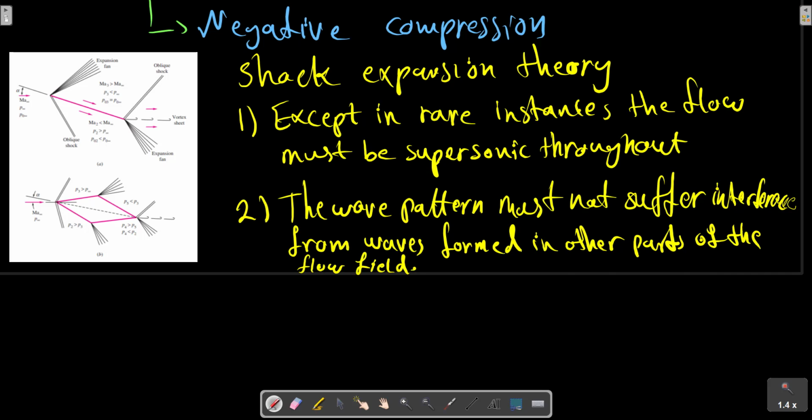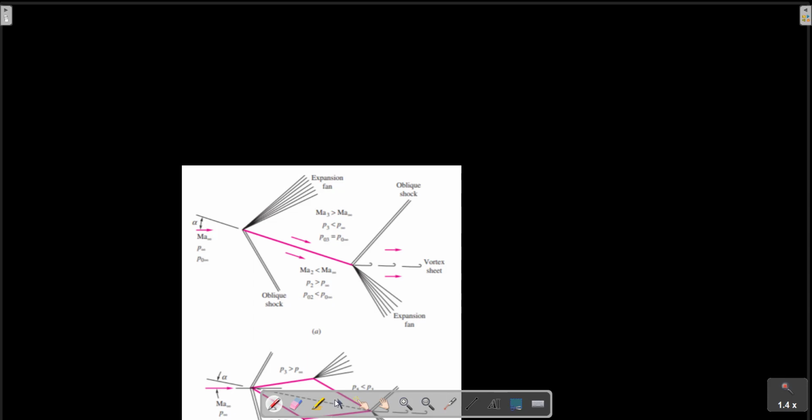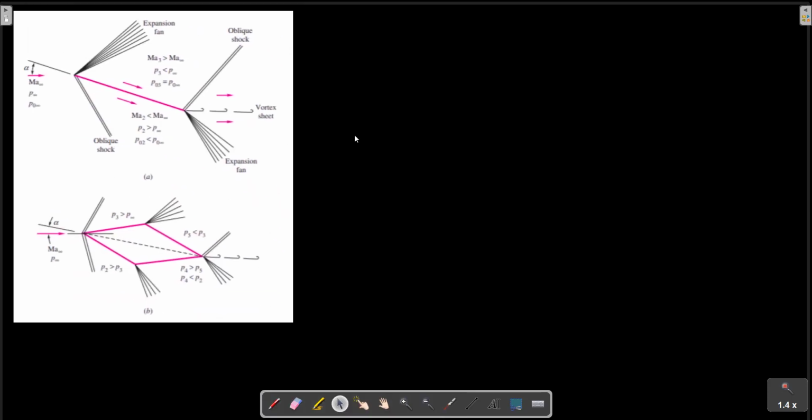A very successful application of shock expansion theory is to supersonic airfoils, as shown here. It shows two examples, a flat plate and a diamond-shaped foil. In contrast to subsonic flow design, this airfoil must have a sharp leading edge, which forms attached oblique shocks or expansion fans.